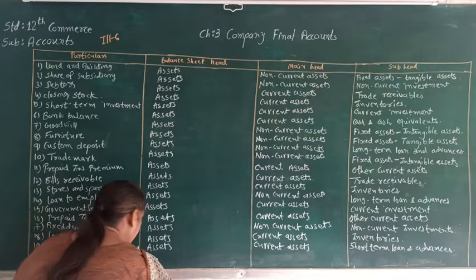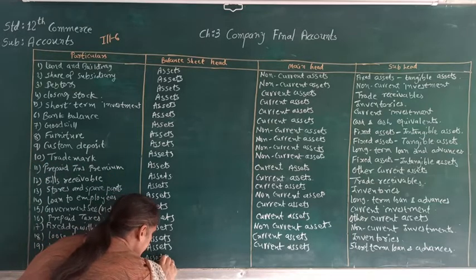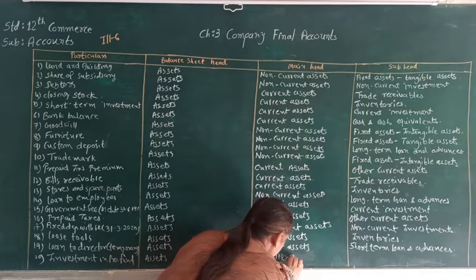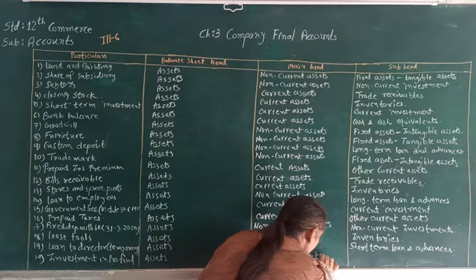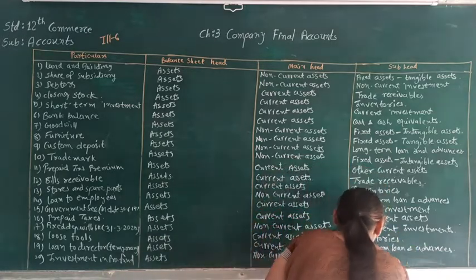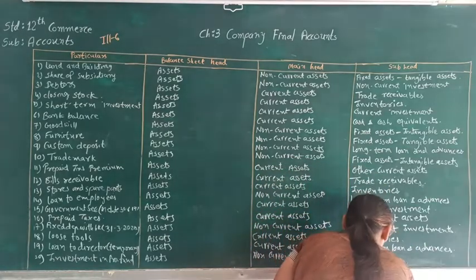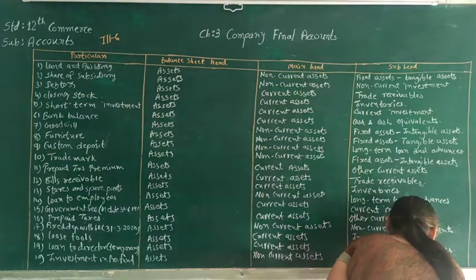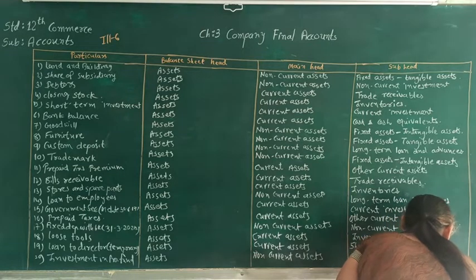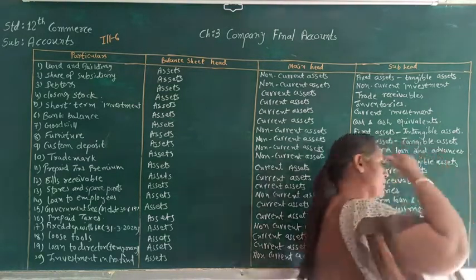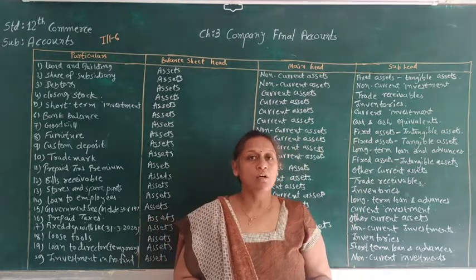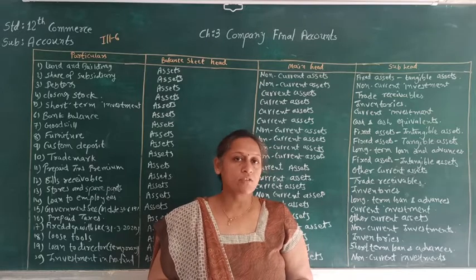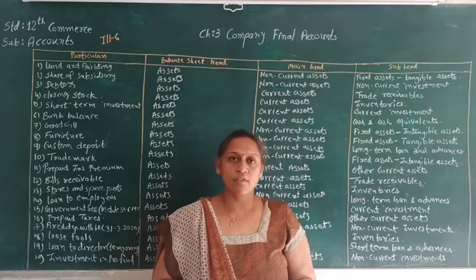And that is non-current asset, which is shown as non-current investment. So this is how we are supposed to bifurcate head and subhead. You may note down this. Thank you for watching this video, students.